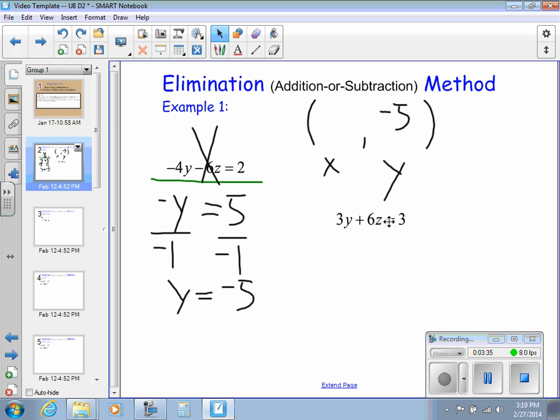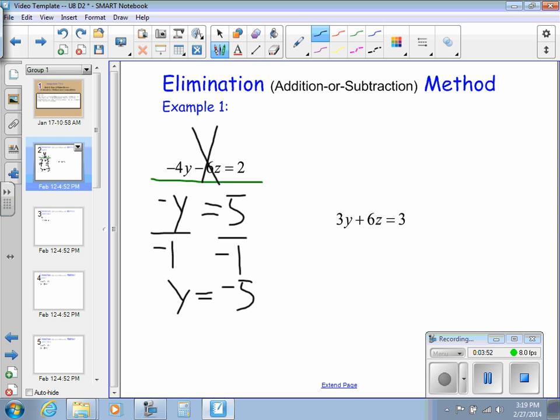Or not x, z. Okay, let me back up here. This is the very reason to write out what I'm finding. Let me erase this. These equations do not have x and y, they have y and z.